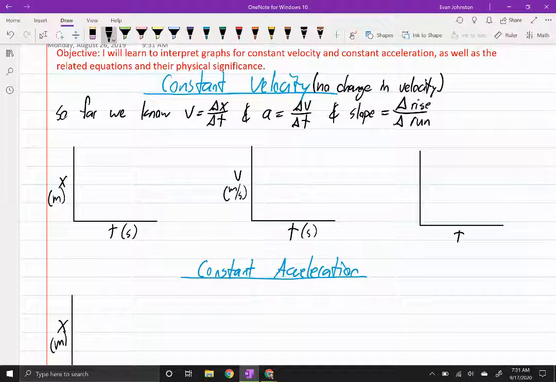Time is still seconds. And acceleration would be this weird one, because acceleration is the change in velocity, but velocity is already meters per second, and then you're dividing it by time, so we do meters per second divided by seconds. So I'll write meters per second per second. Some folks also write it just as meters over seconds squared.